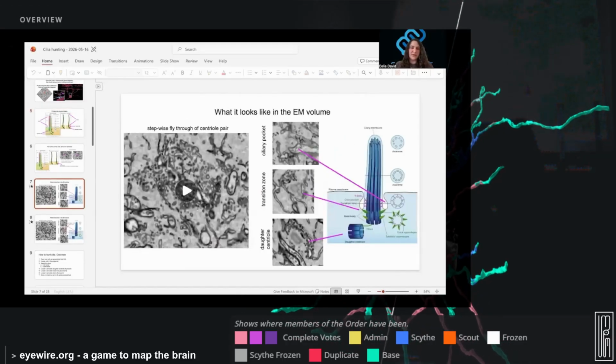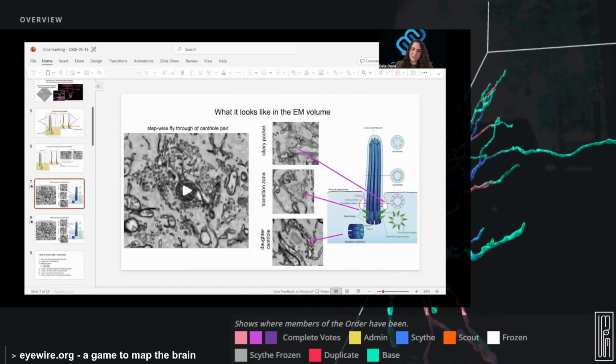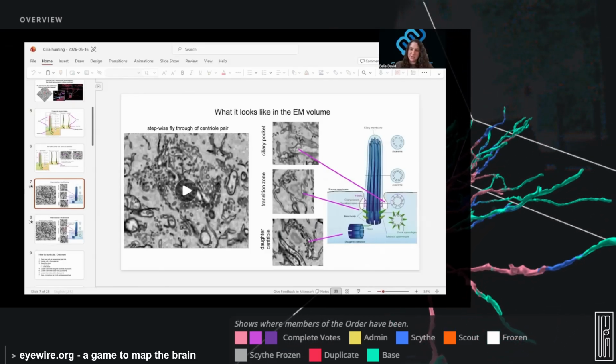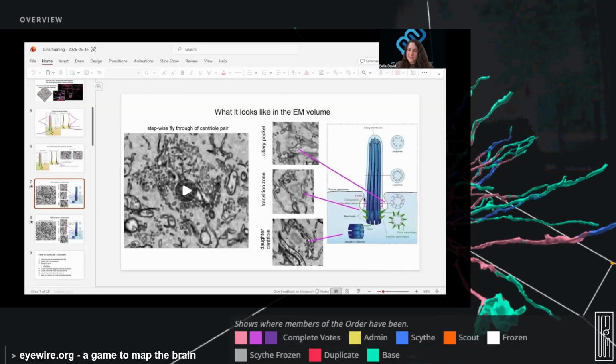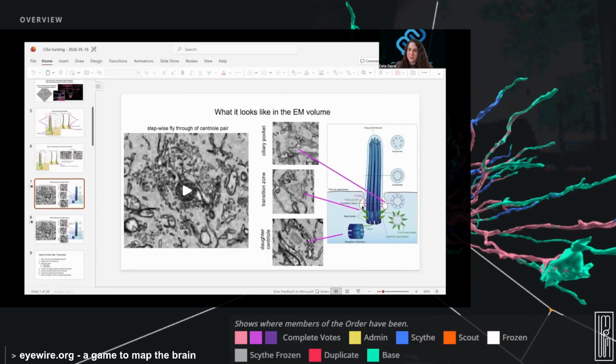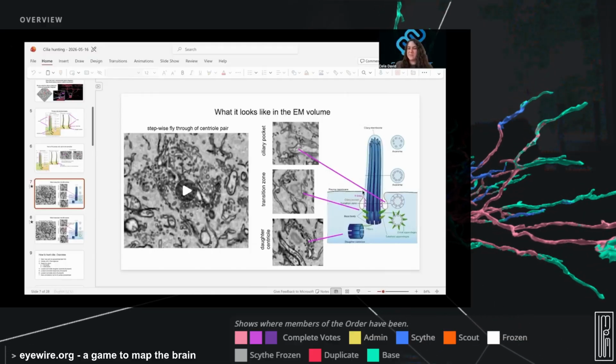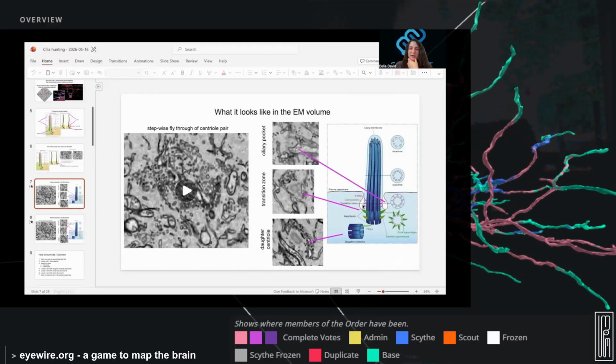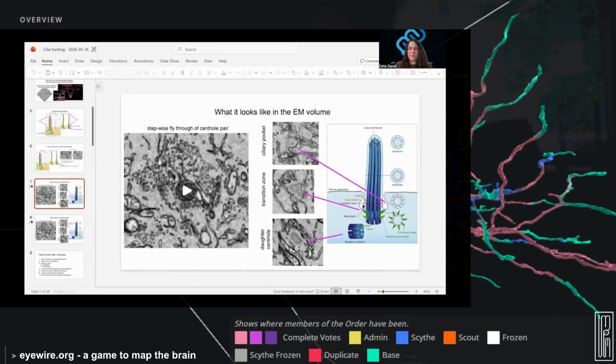And here's what this looks like in the EM images. This ciliary pocket you may or may not see sometimes, but this is something that's going to be good to look out for as you're looking for these.